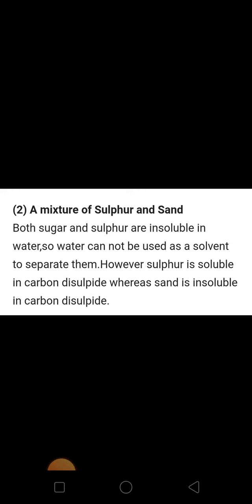But sulfur is soluble in carbon disulfide, whereas sand is insoluble. So the solvent we will use is carbon disulfide. By using a suitable solvent, we can separate two solids of a mixture. So this is about using a solvent.